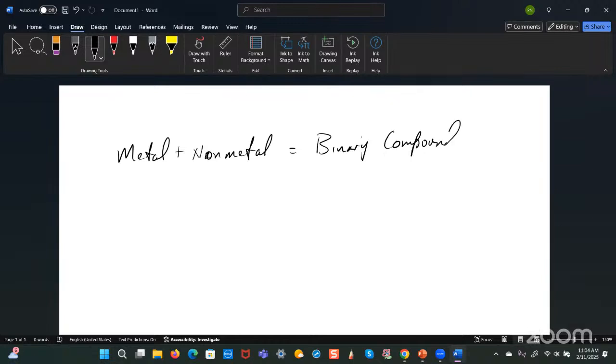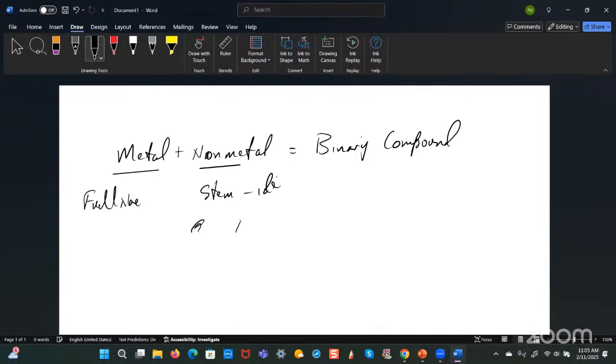Now, when it comes to naming these compounds, we start off with the full name of the metal and then the stem of the name of the non-metal followed by -ide. So a good example of this is sodium chloride.